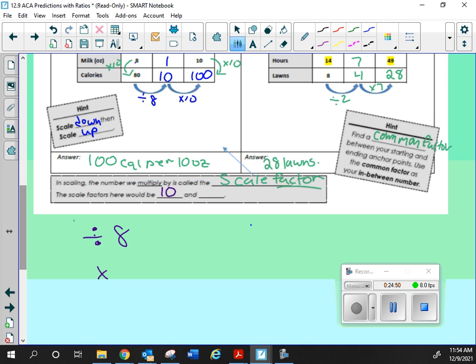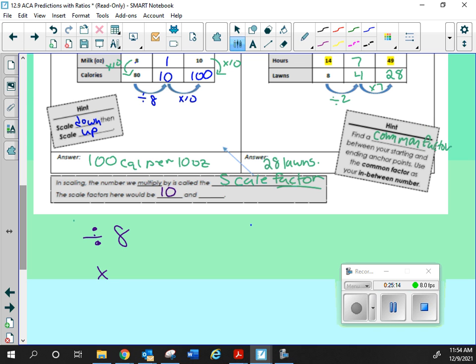When I divided by 8, 80 to 10, did that make my number bigger or smaller? Smaller. So am I going to be multiplying by a whole number to get it to be smaller? No. It's going to be a decimal or a fraction. Okay, great. You're right.